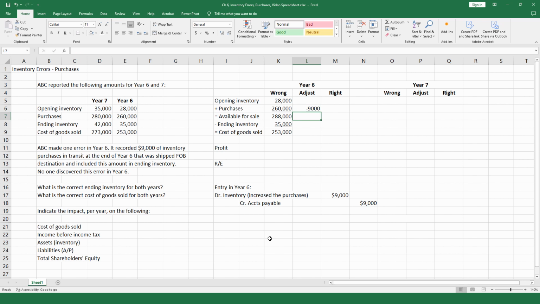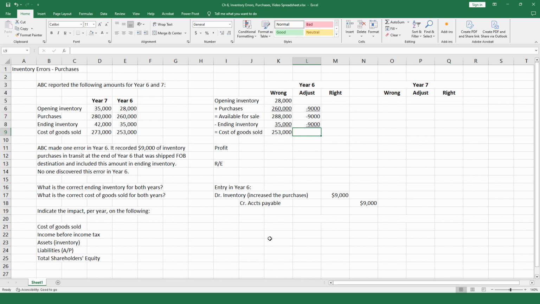Now keep in mind that my formula for available for sale is I take the opening inventory and I add in the purchases. So I'm going to do the same thing, and we can see that available for sale now has to be adjusted by $9,000. It has to be reduced by $9,000. We know that ending inventory is too high because ending inventory included inventory in transit that we didn't own. So we have to subtract $9,000 from the ending inventory to fix it.